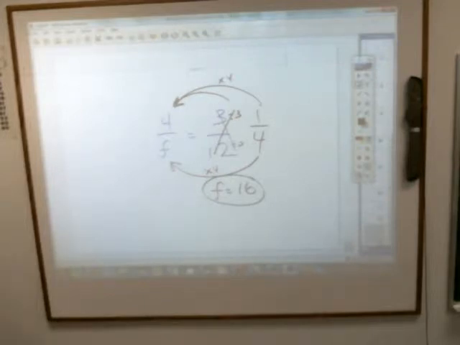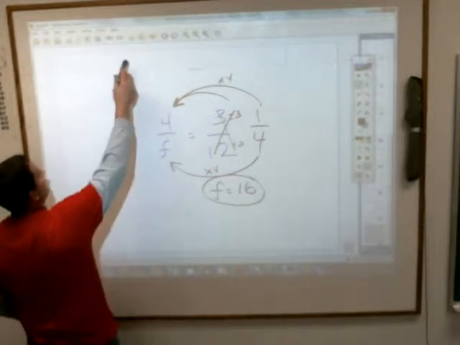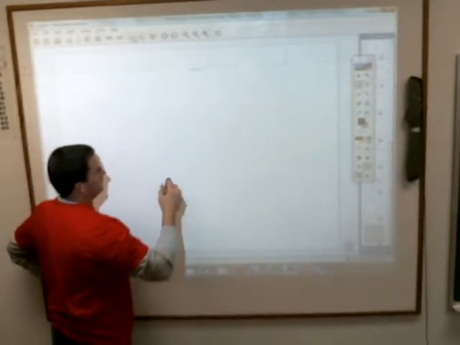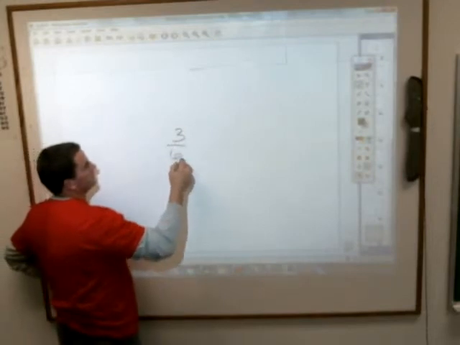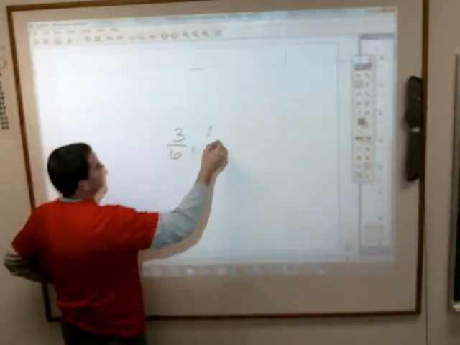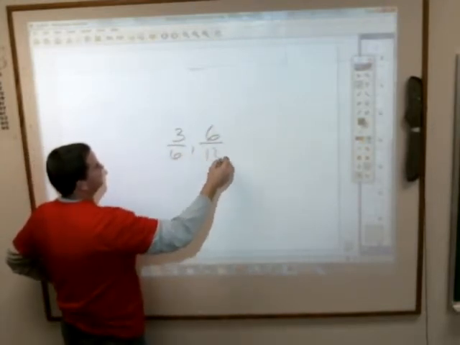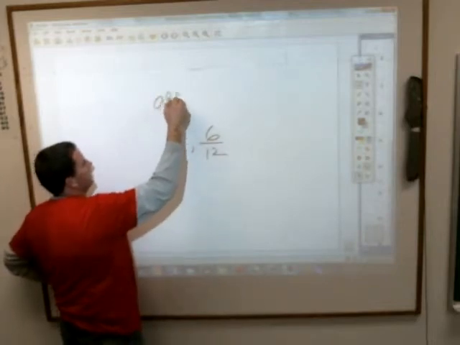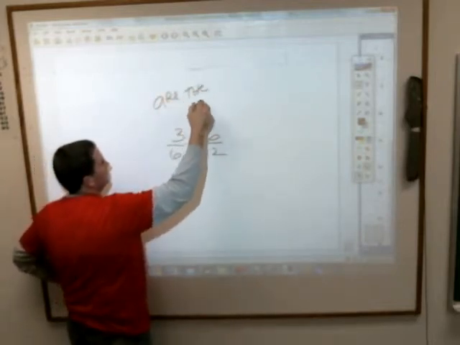Or they might ask you this. They're going to ask you maybe are these two fractions proportional? If you have 3 over 6 and, I don't know, 6 over 12. And the question is, are they proportional?